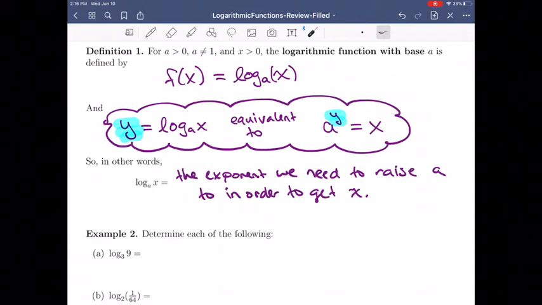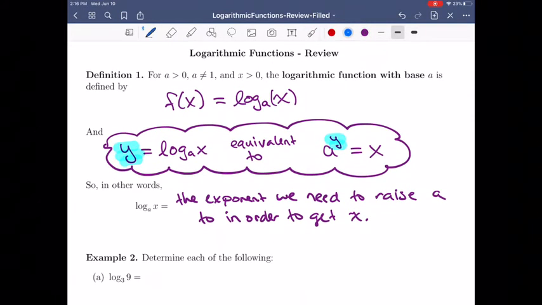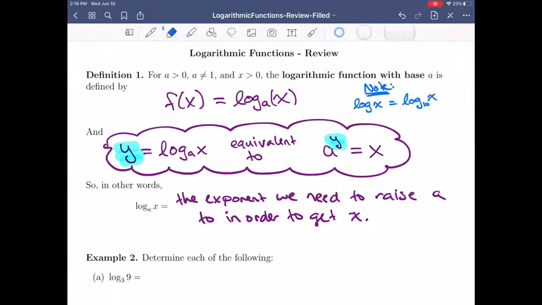Okay. I want to make a note, maybe I'll do it up here. Sometimes we would write just log of x, and when we do that, what we actually mean is log base 10 of x. So if you don't see a base, then you should assume base 10.